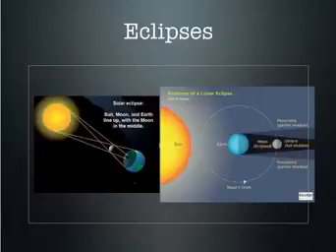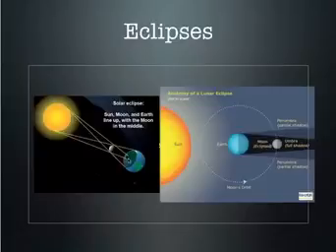Anyway, here are eclipses. Eclipses are, well, eclipses. No, that's not a good description. But there are many types of eclipses. But here are two. The solar eclipse is when the moon is in front of the Earth and the sun is shining on the moon, which means that the moon is blocking some of the light to the Earth.